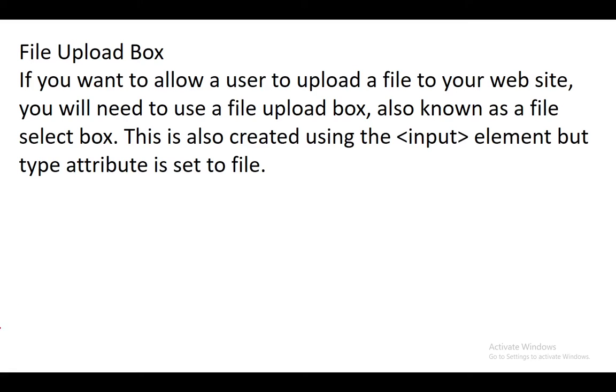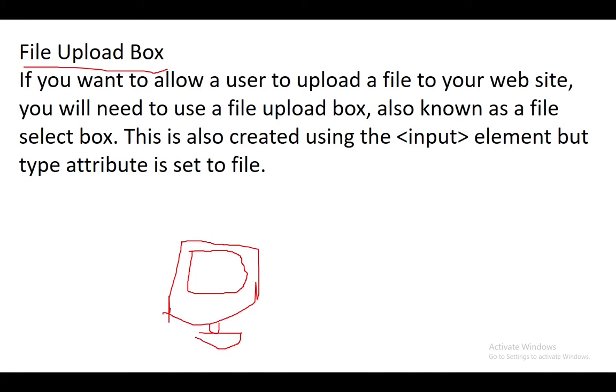That's for file upload box. If you want to allow a user to upload a file to a website, you will need to use a file upload box, also known as a file select box. This is also created using the input element, but the type attribute is set to file. So let me tell you where you can see this.